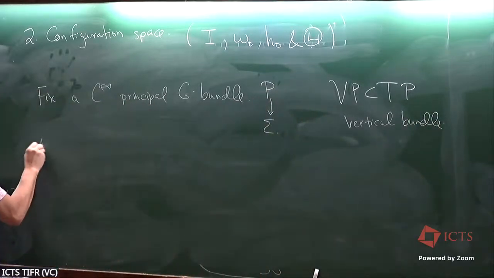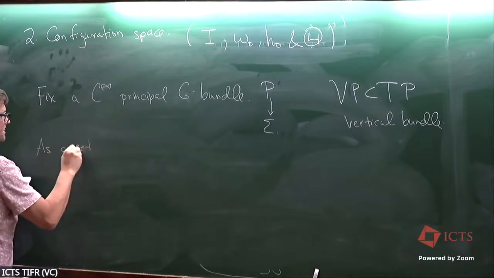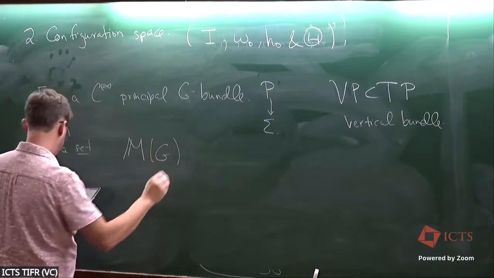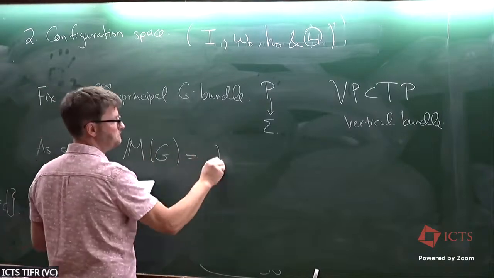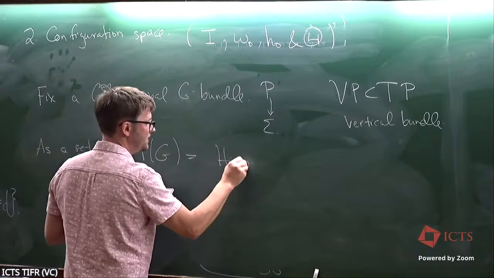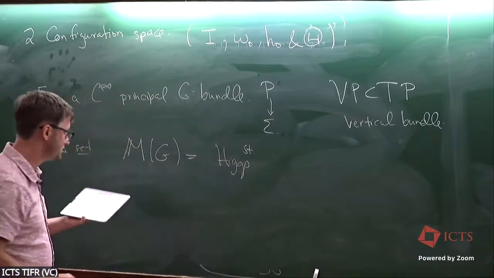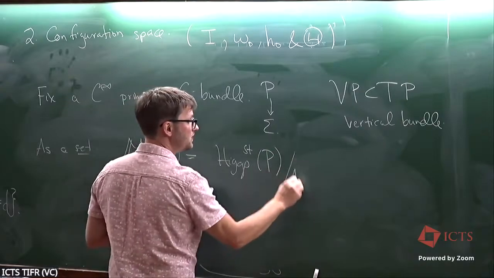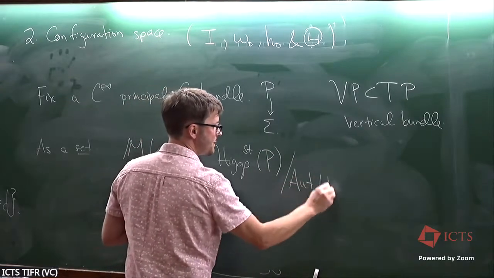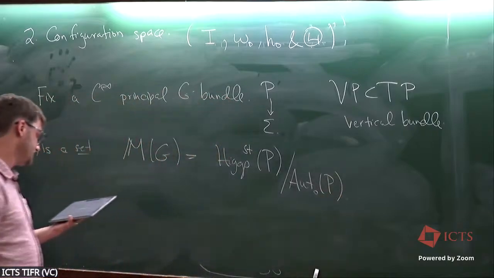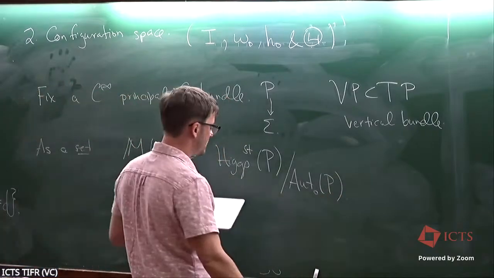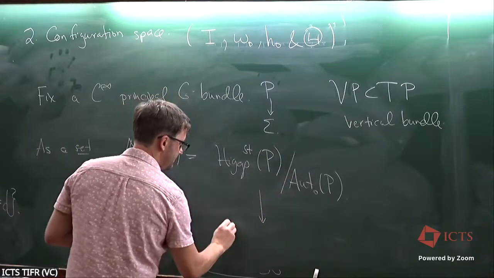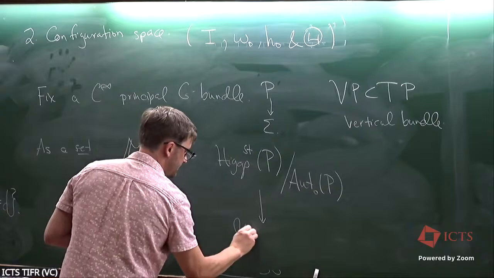Okay, so as a set, my moduli space is going to be some big space, which I'll define for you, of stable Higgs bundles on P modulo some group, which is called Aut P. Before I quotient, it maps down to all complex structures on my surface.